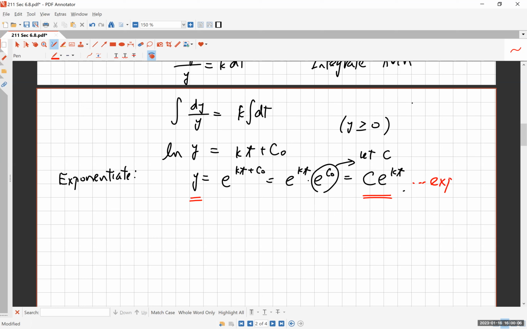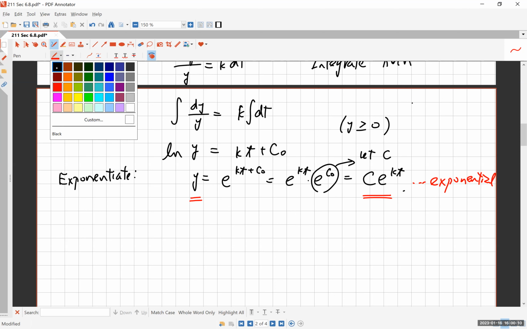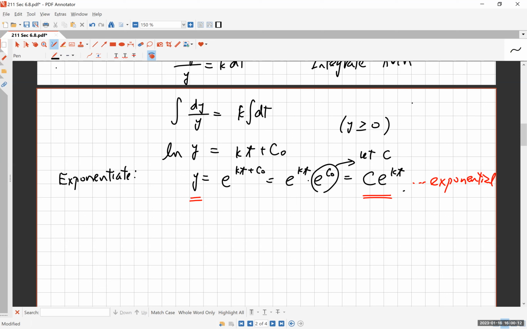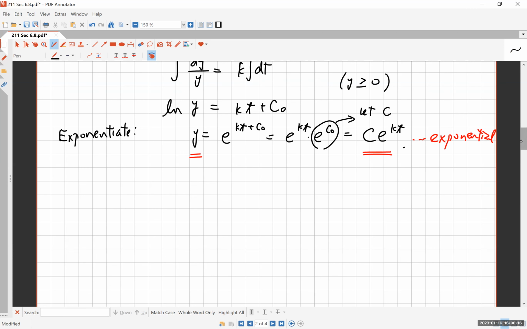This is exponential. In other words, anytime the rate of change is in proportion to the current value, the quantity grows exponentially. If k is negative, it decays exponentially. So this describes exponential growth as well as exponential decay.